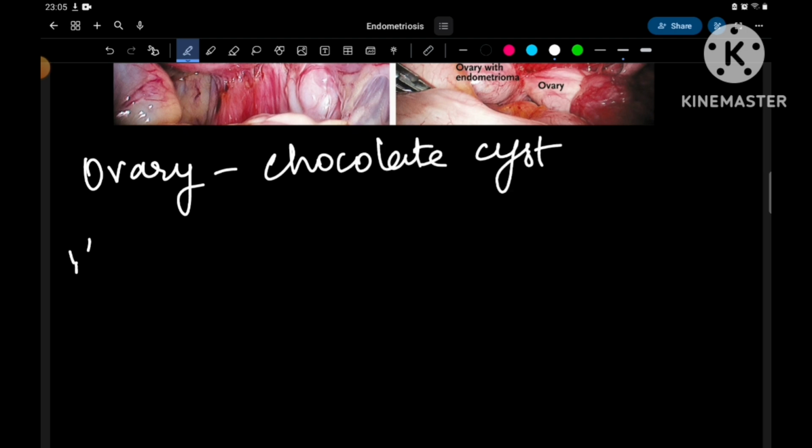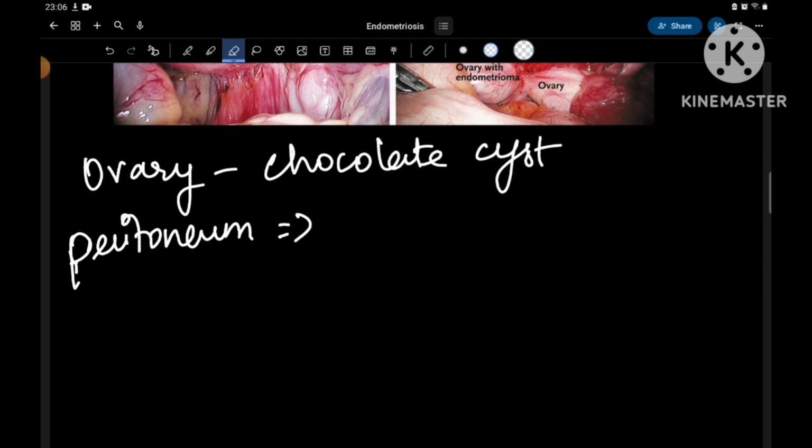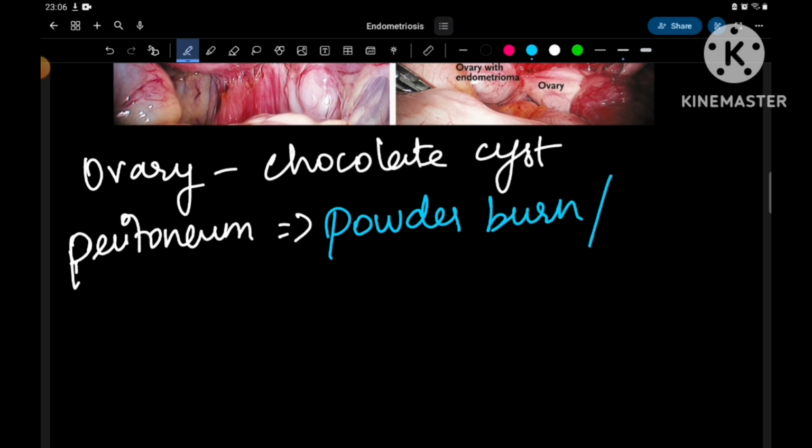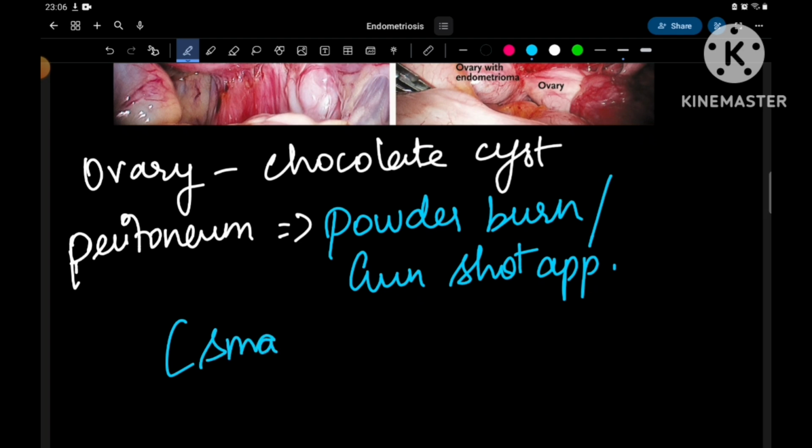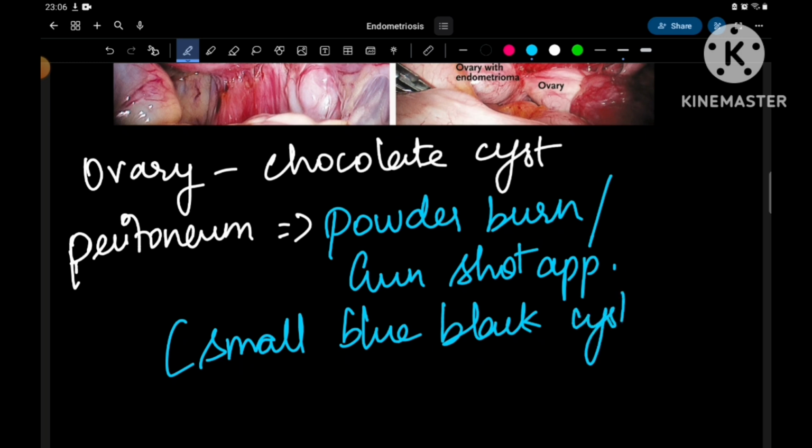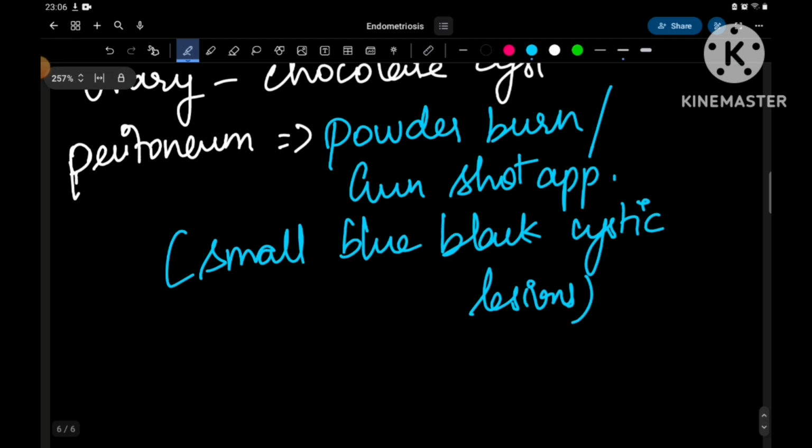In peritoneum, you will find powder burn, or gunshot appearance, right, guys? It will be small blue black cystic lesions. Okay, I'll just show that in the diagram.